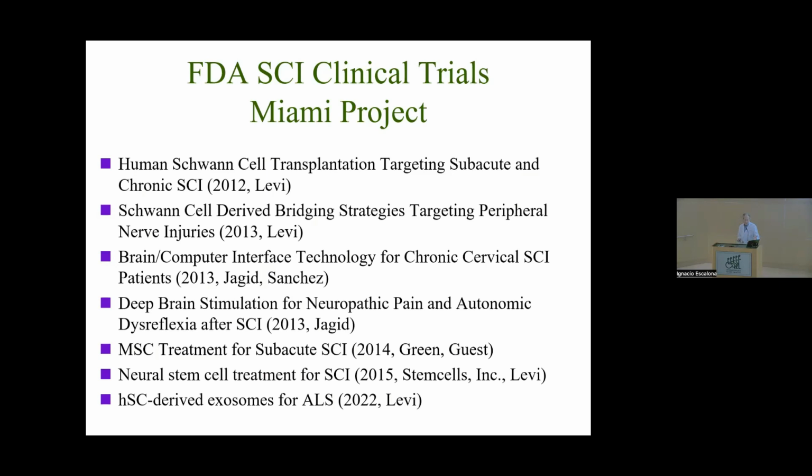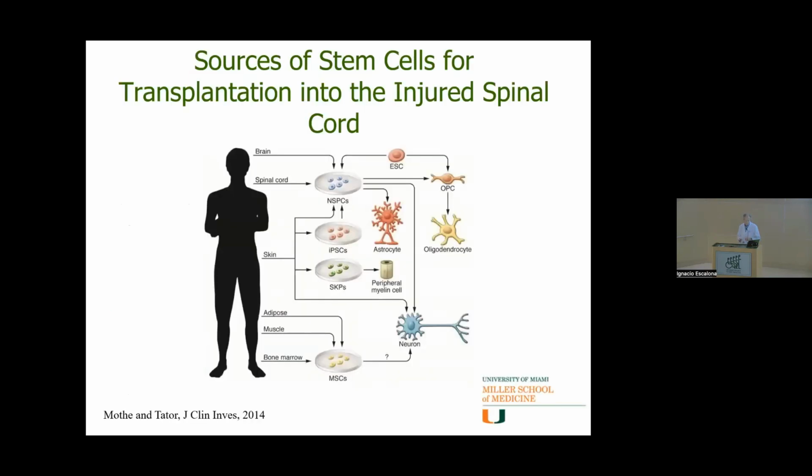We've gotten IND on human Schwann cell transplantation, Schwann cell derived bridging strategies with, again, Alan and others, brain-computer interface work, deep brain stimulation, mesenchymal stem cell treatment, neuro stem cell treatment, and the next thing we're moving forward is human Schwann cell derived exosomes for neurodegenerative diseases.